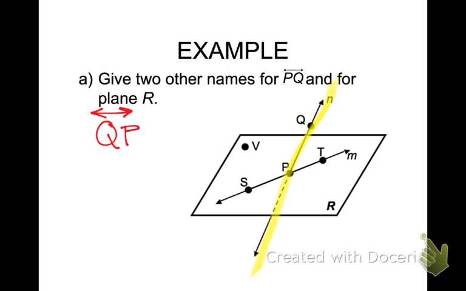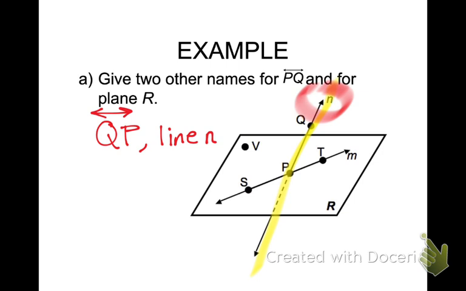Nope, I don't see any other dots. So what are you thinking, Samson? You could say line N. Line N, good. I do see that we have this little N up here without a dot associated with it. So that means we could just call it line N. Good. All right, so that's two names for line PQ.